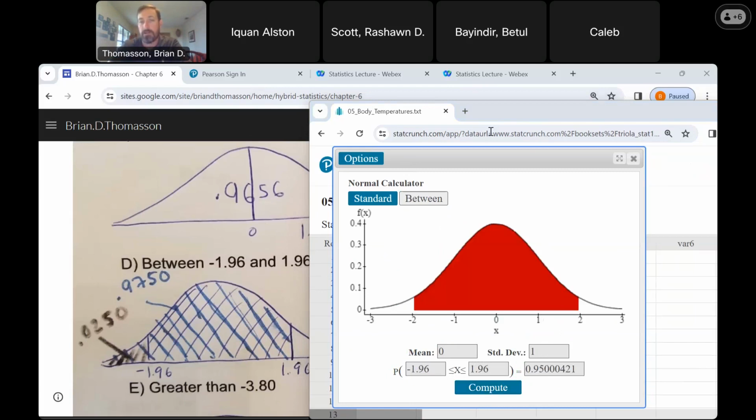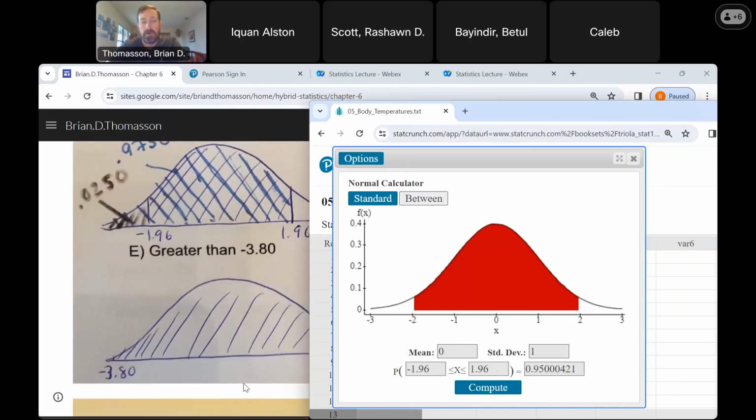That's much more accurate than what we were doing before. So the 2 that we were using before is actually 1.96. That's closer to 95% than 2 actually is. So this is our true 95%. It's not 2 standard deviations, it's 1.96 in either direction. That gives us 95%. You're going to see this 1.96 a bunch of different times. That's kind of a common one that we run into.